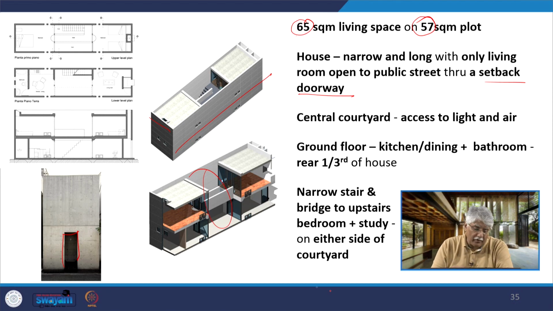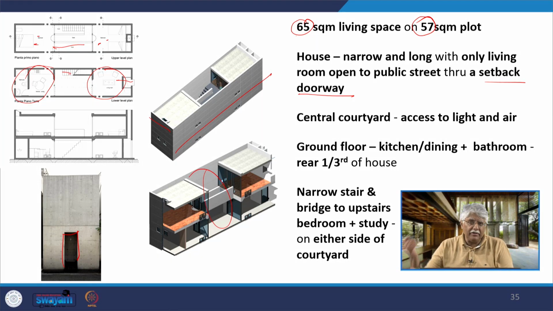The ground floor has the kitchen, the dining and the bathroom, on the rear one-third of the house. There is a living room once you come in from the recessed doorway, and then there is a narrow staircase going up to a bridge, and through the bridge you are connected to two spaces, one on either side of the central courtyard.